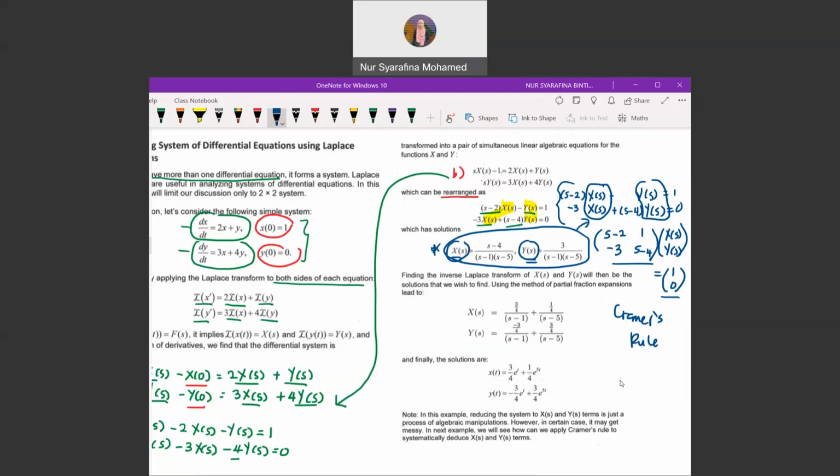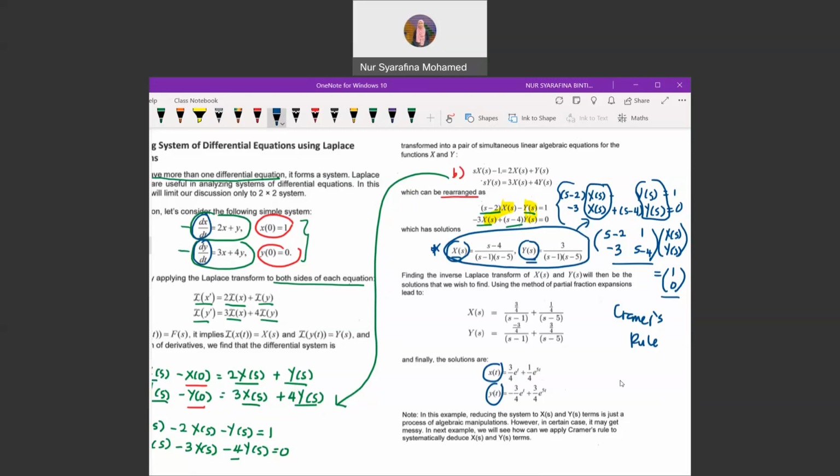Once you obtain the functions X(s) and Y(s), remember, we want to solve this system where it is in terms of dx/dt and dy/dt. So we need to have our answer in terms of x(t) and y(t).